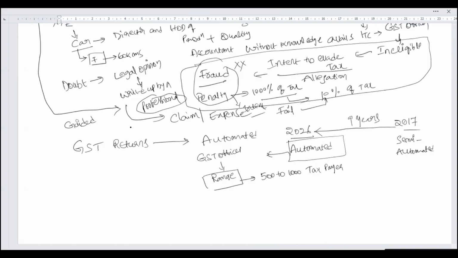Now, one office, one chartered accountant, at best can handle 10 clients. Imagine a GST officer who is the superintendent of a range. He has got 500 to 1000 taxpayers. Is it easy to monitor all these 500 to 1000?